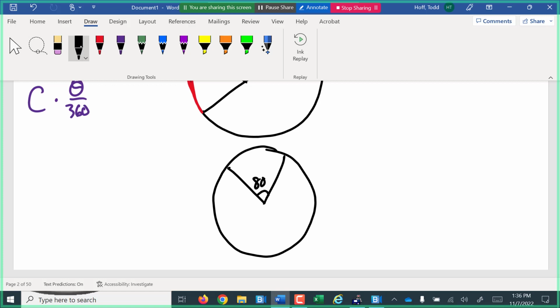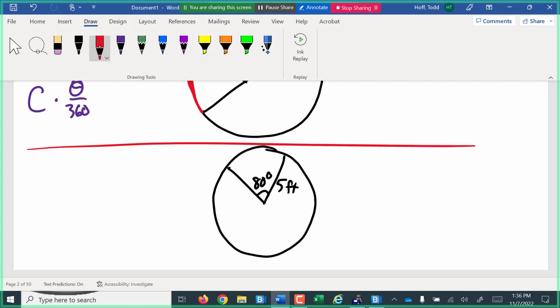So if this is 80 degrees, and this is 5 feet of a radius, I'm going to start by finding the circumference of the whole circle, which is going to be pi times what here? Pi times diameter, and the diameter would be 10. There we go. So 31.4 feet is that whole circumference.